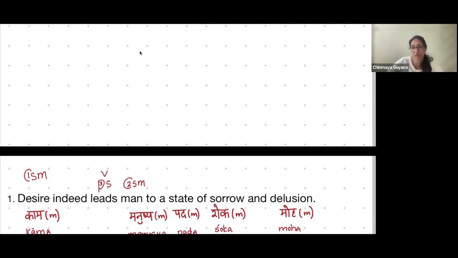So now let us see what are the cases for those. To a state. To is fourth case, singular, masculine. Sorrow, of sorrow. Sixth case, singular, masculine. And delusion, meaning of delusion. So that is also sixth case, singular, masculine.